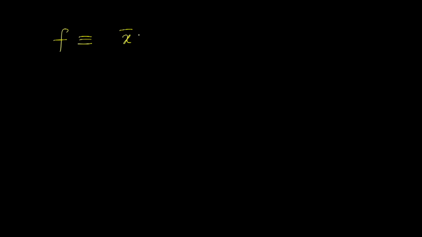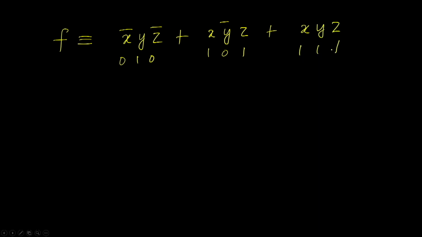x bar, y, z bar, which corresponds to 2, 0, 1, 0 or x, y bar, z, which corresponds to 5, 1, 0, 1 or x, y, z, which corresponds to 1, 1, 1.